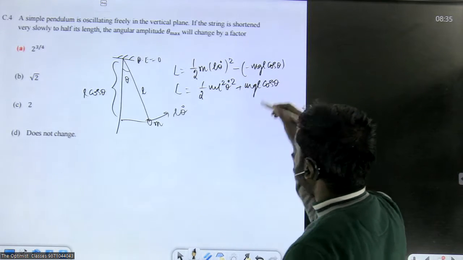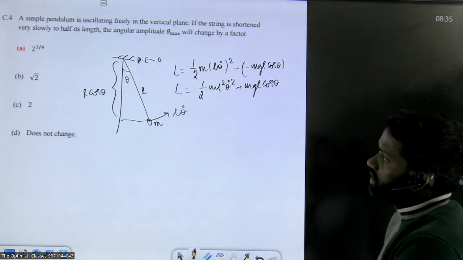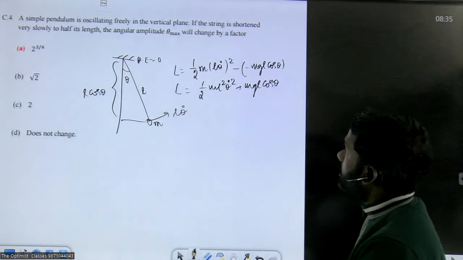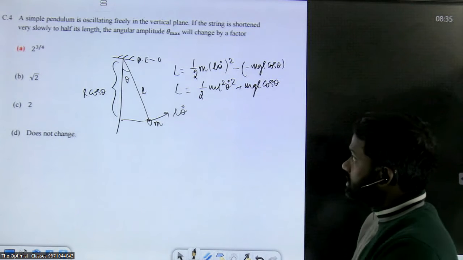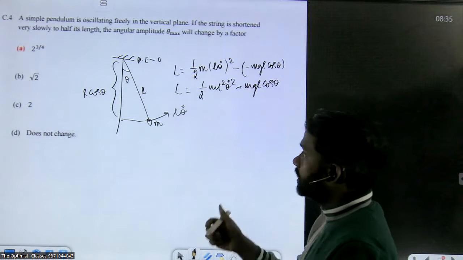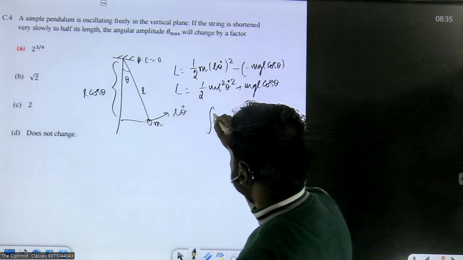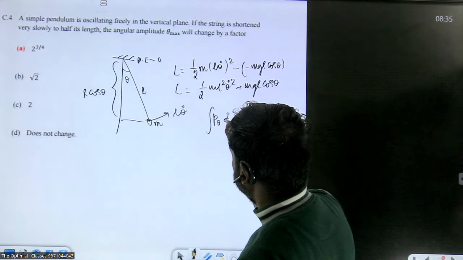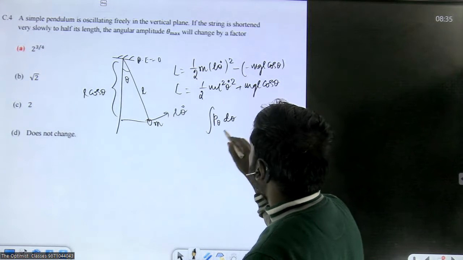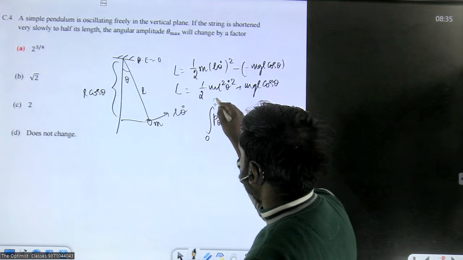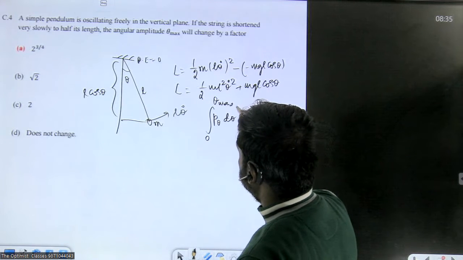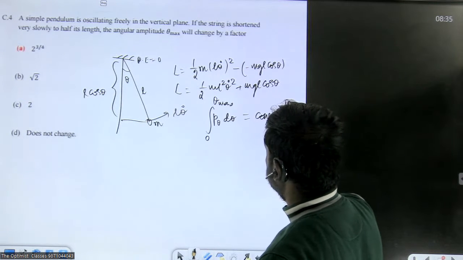That's the Lagrangian. Now you see here the length is being shortened very slowly. In such processes, the action variable is constant. The action variable is written like this: the integral of p theta d theta, let's say 0 to theta max. This integral is constant in this process.